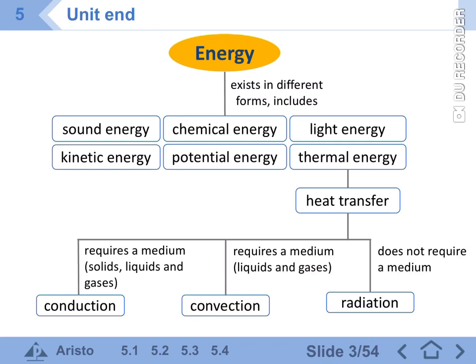For conduction, you have to be careful because it can happen in solid, in liquid, or in gas. Especially for conduction in liquid, for example, when the liquid touches a hot surface, it will convert from conduction into convection.